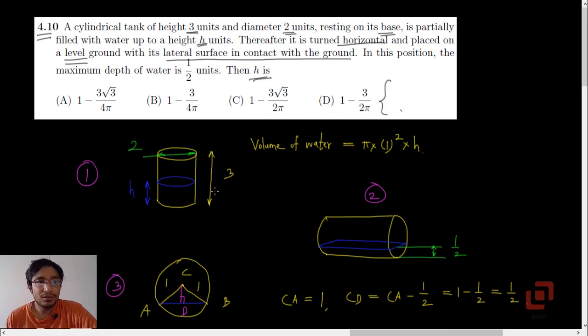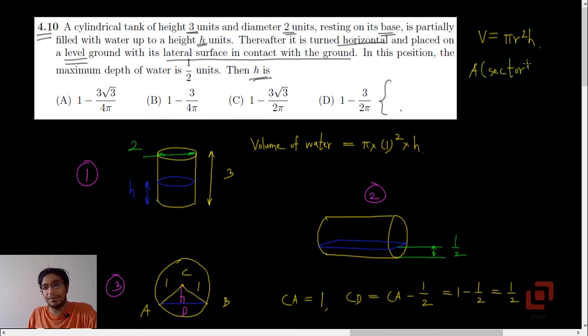Okay, so it is very much essential to draw the figure in this particular problem. Second thing is that this requires you to know the formula for volume of a cylinder, which I think all of you know. But more importantly, it also requires you to know the area of the sector formula, which you perhaps study in the chapter on angle and its measurement, the very first chapter of 11th standard usually.